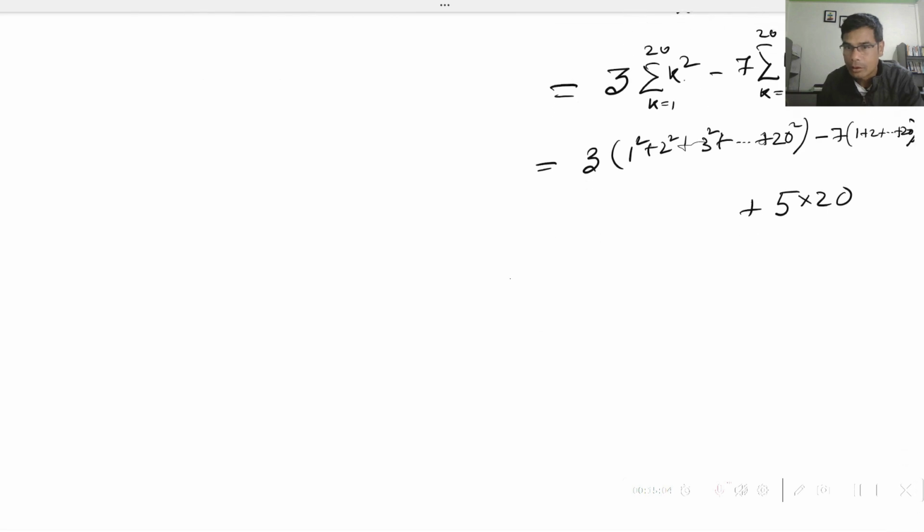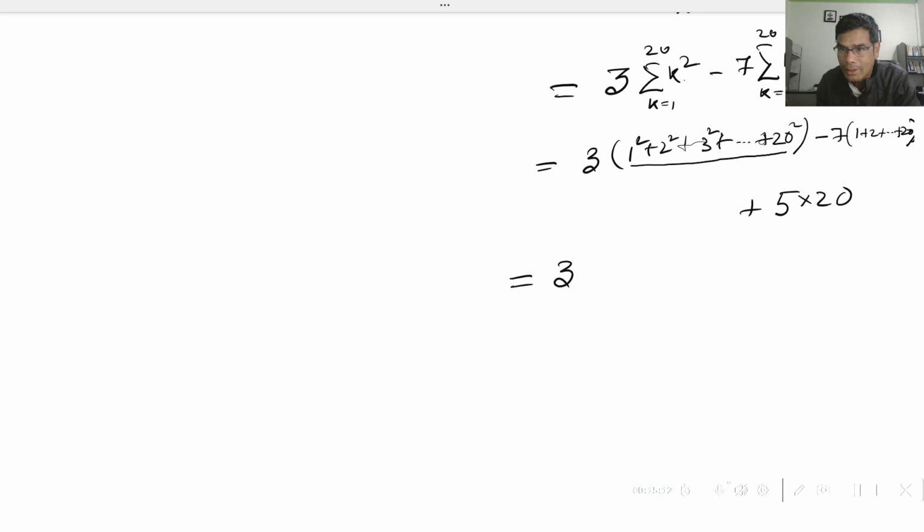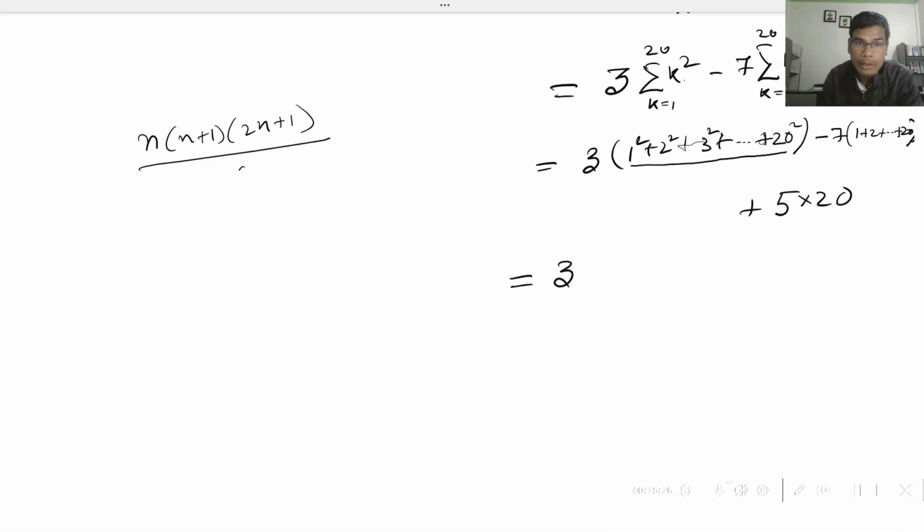So this is equal to 3 times the sum of the squares of the first 20 natural numbers. In general, this is equal to n times n plus 1, then twice n plus 1, whole thing divided by 6. But here n is 20, so this is 20, then n plus 1, that is 21, and twice n plus 1, so that is 2 into 20 plus 1, which is 40, that is 41.